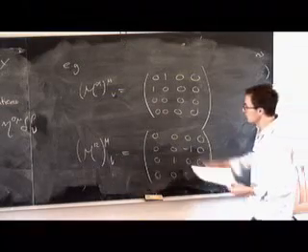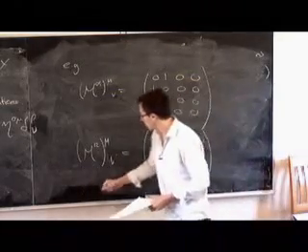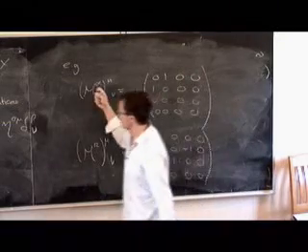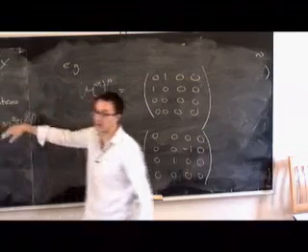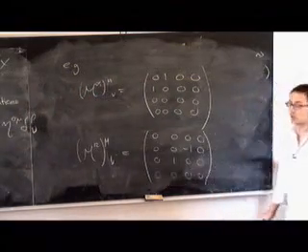Okay, so here's 2 examples of the matrices. All I've done is I've picked 0 and 1, I've plugged it into here, and I've figured out which elements are non-zero.